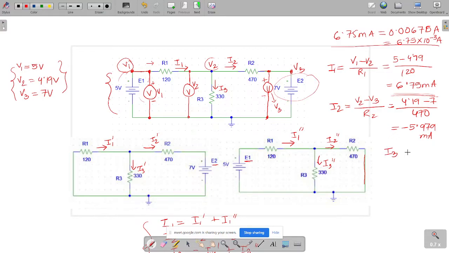How do we measure it? V2 minus 0, or we can directly write it as V2 divided by R3, or 330.